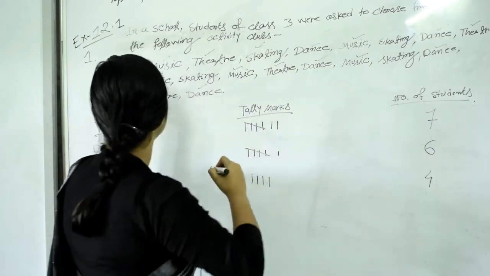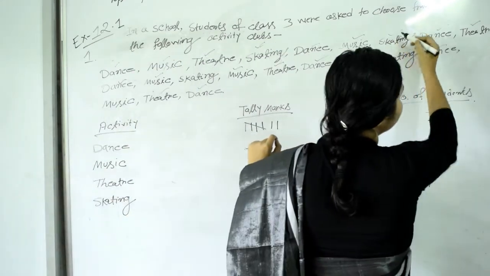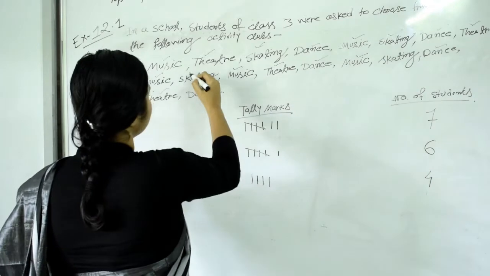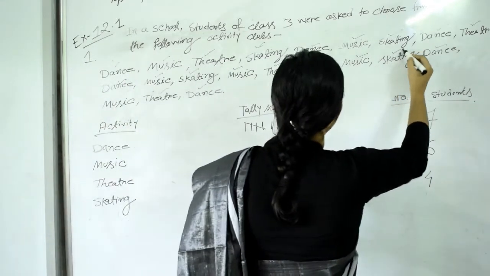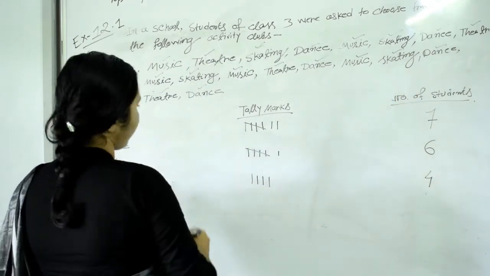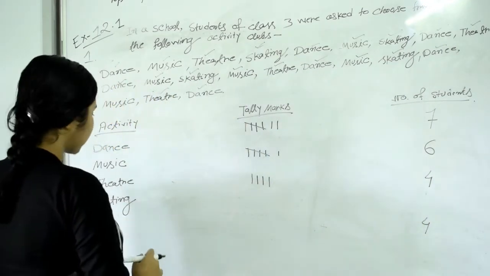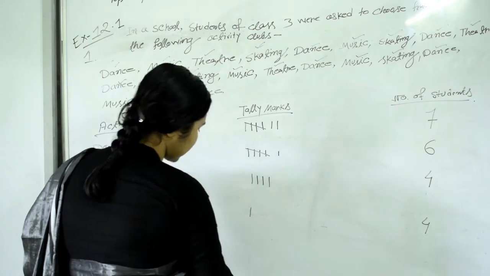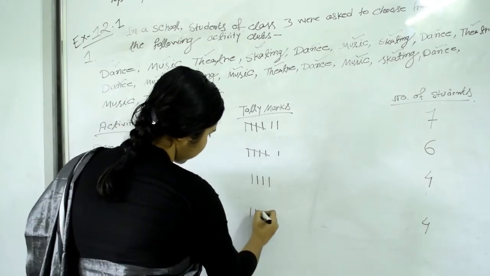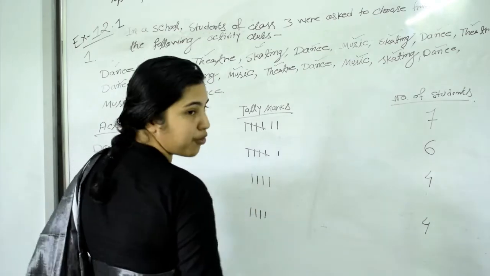So 1, 2, 3, 4. Again 4 students like skating. So again represent this number as tally marks 1, 2, 3, 4.